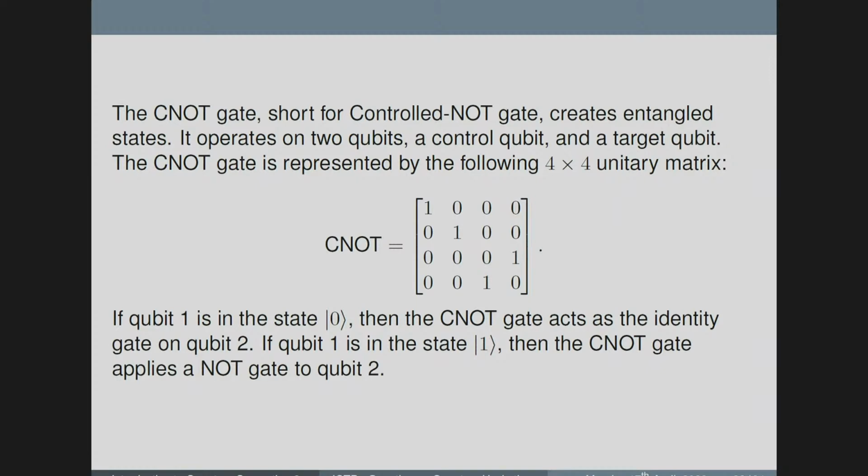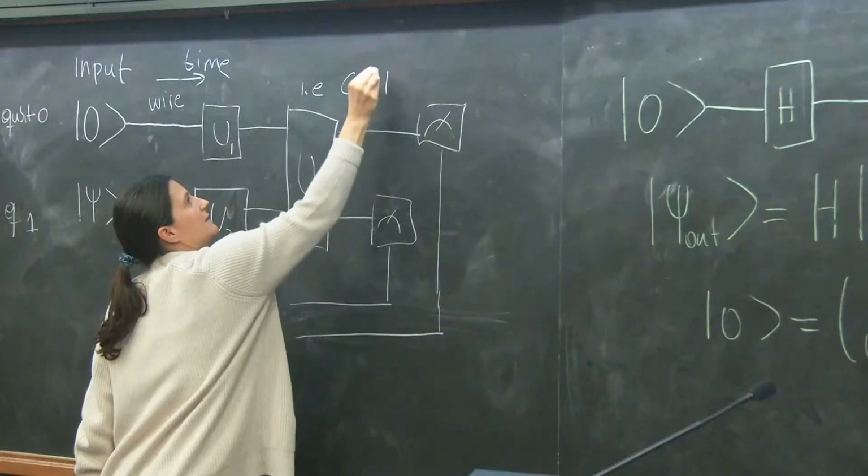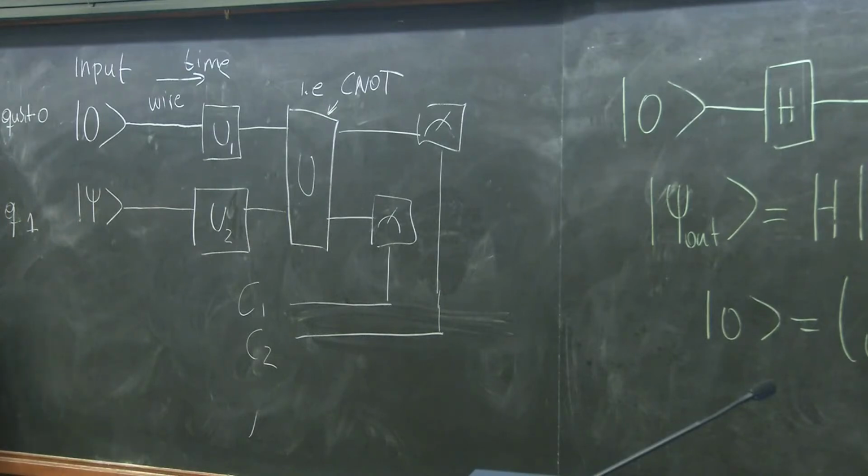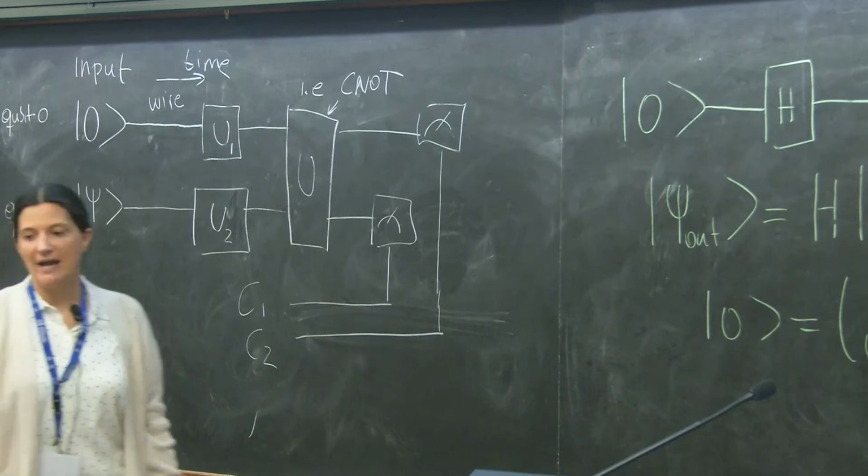Okay, then what you're also going to introduce in your computation is something called the CNOT gate. So the CNOT gate is a unitary operator that, for example, for a 2-qubit system could be a CNOT gate. And again, there are different types of gates there.